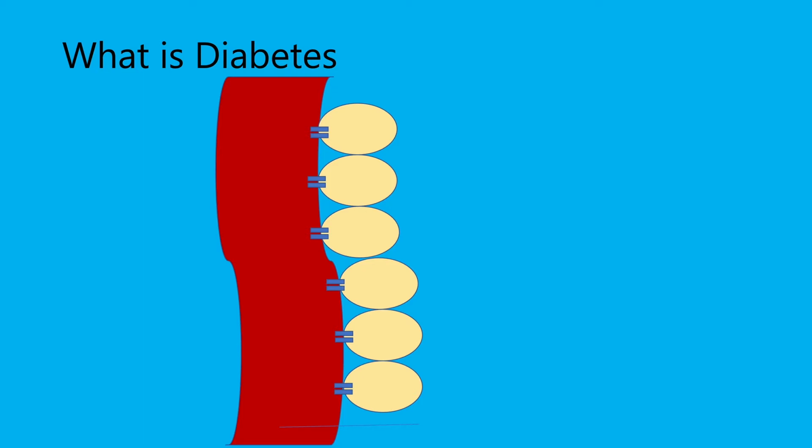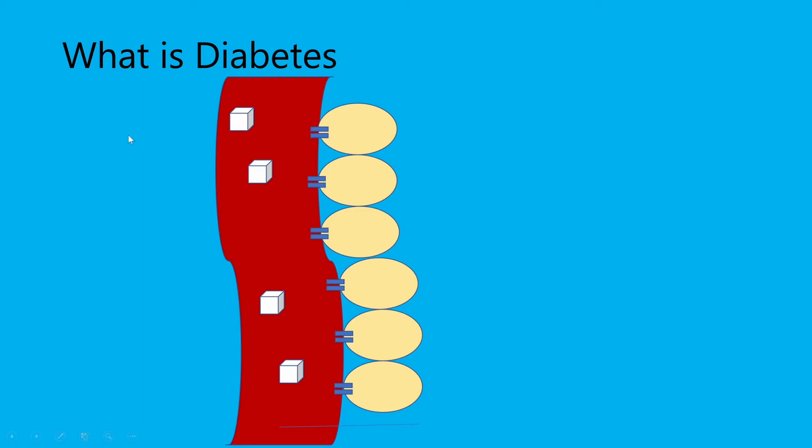And so the question is, what allows these cells to perform their basic activity? Maybe it's the contraction of a muscle, or maybe it's the digestion of food. Well, cells need energy, and that energy comes in the form of sugar.